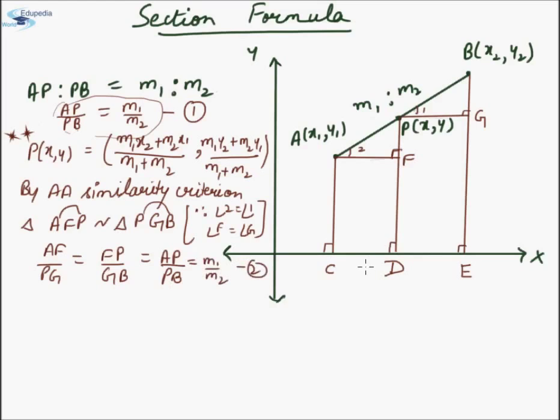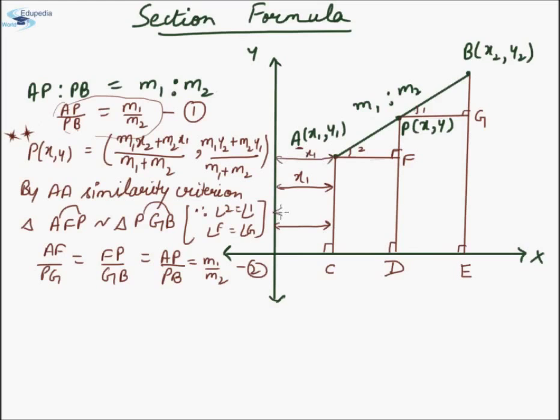Now friends, what is this distance, that is the distance of line AC from the y-axis? It is the x coordinate of A, that is x1. And since these lines are parallel, at any point these distances will be x1.